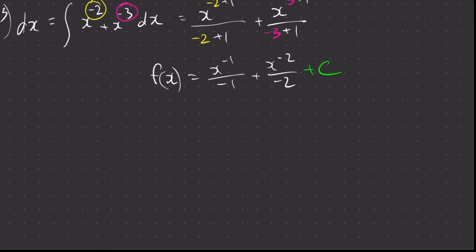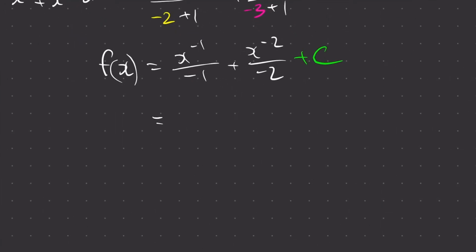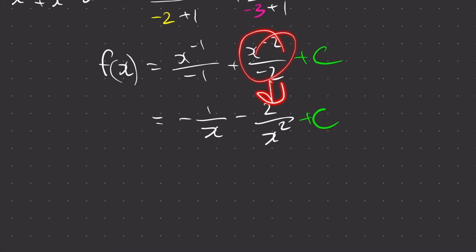We need the plus c. And then write it nicer: negative 1 over x. Actually, let's write it even better: negative 1 over x minus 2 over x squared plus c. This is just very basic algebra. You should know how to convert from here to here, right? Because negative 2 is just negative 2 here. Oh, I made a mistake.